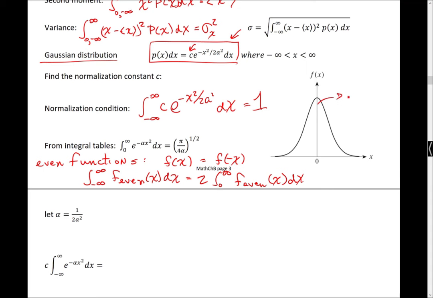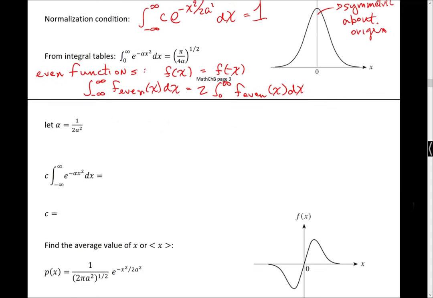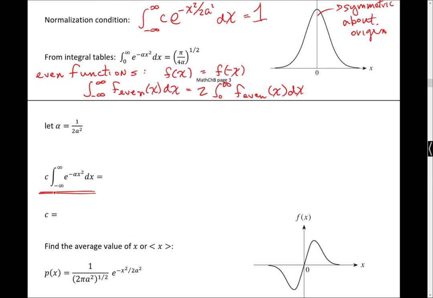And again, that's because we're symmetric about the origin. All right, so basically that tells us that we're good to use this integral from the integral tables.